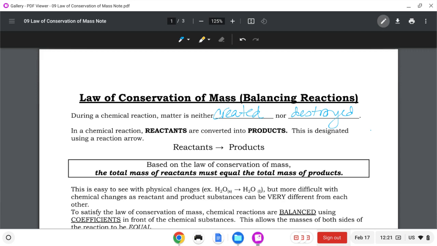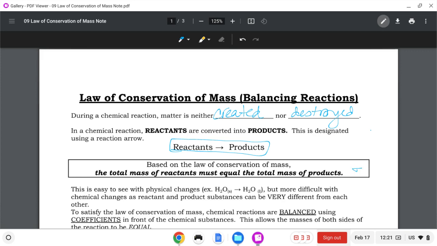They're just simply rearranged. When we're dealing with a chemical reaction, we always start with reactants and then we make products. Our reactant molecules or compounds are rearranged and converted into something new, which are called products.